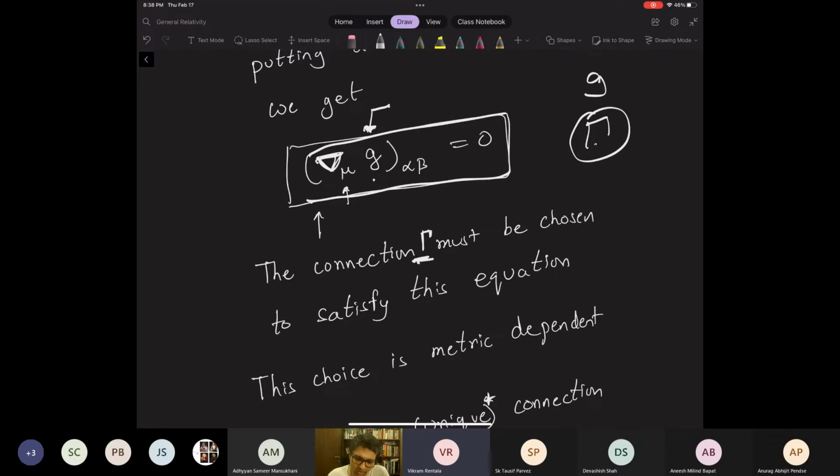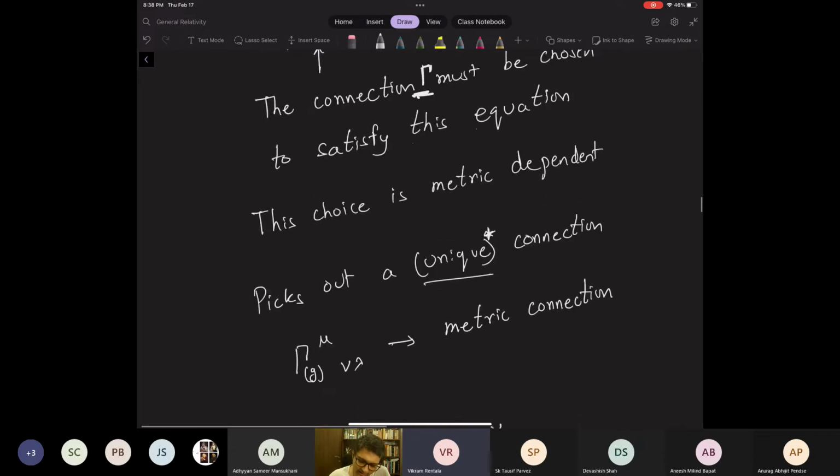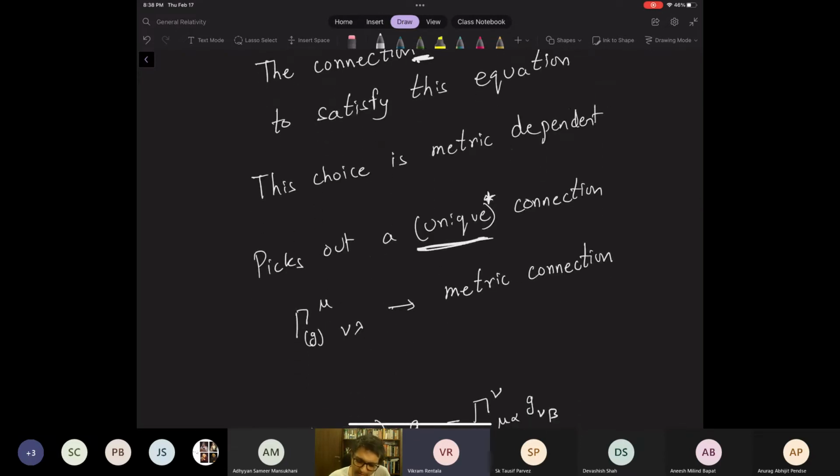So this choice that we're making for gamma is dependent on the metric that you give me. If you give me a metric, I will tell you what the gamma is so that this equation is satisfied. And so this picks out a unique connection.